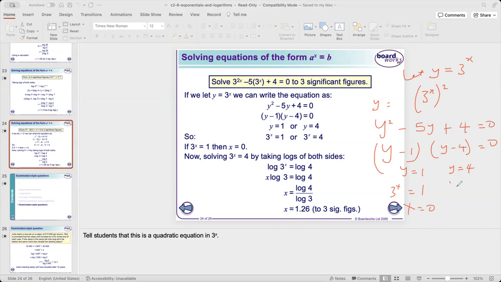Then for this one, you see that 3x equals 4. So you can now solve that one. If 3x equals 4, you can take the logarithm of both sides, and you turn it around. This x equals 1.26. So x is going to be 1.26 or 0.